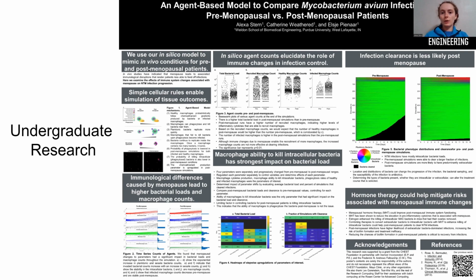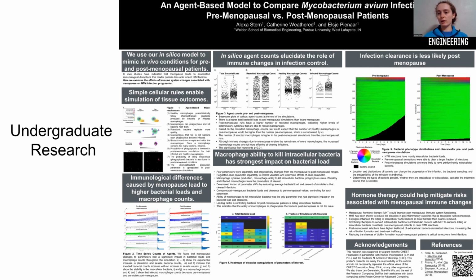And so we were able to elucidate a lot from the model that we created, but what I really want to focus on is on the right. You can see the infection clearance in premenopausal and postmenopausal women is starkly different. In premenopausal women, there's a lot more infection clearance by day 14 than in postmenopausal women.